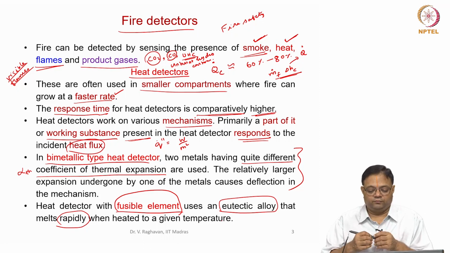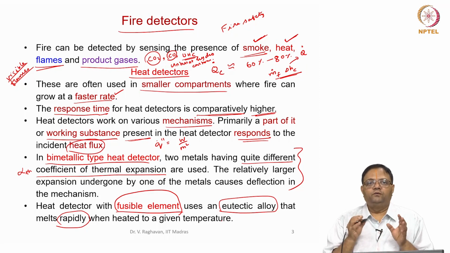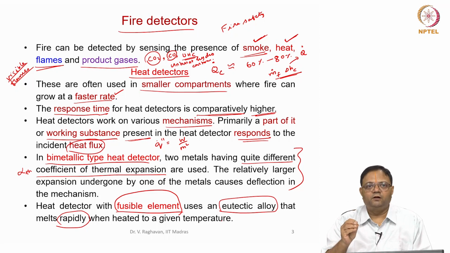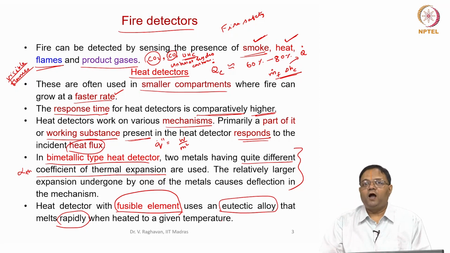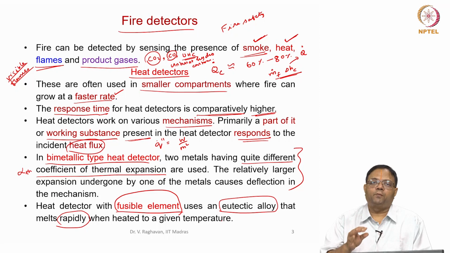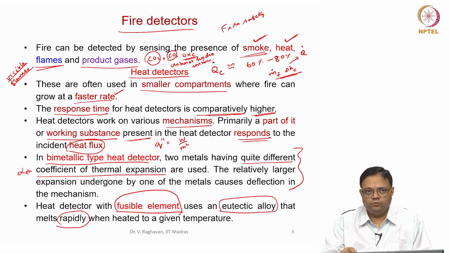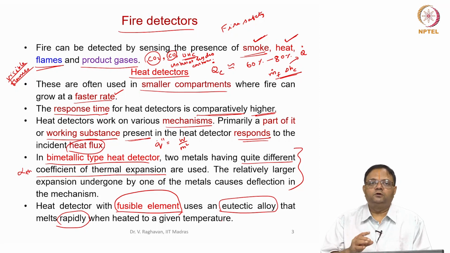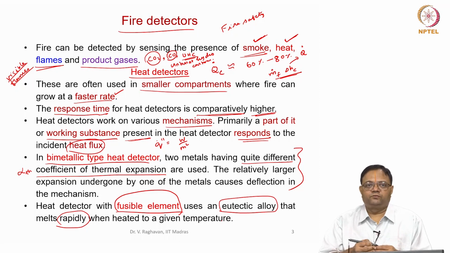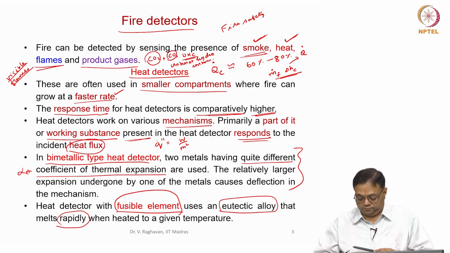So these are the mechanisms. Basically, what we are trying to do here is the incident heat flux causes some changes in property of the materials used in the heat detector, and this change in the property of the material will cause some deviations or modifications in the sensor itself, which can trigger the alarm.